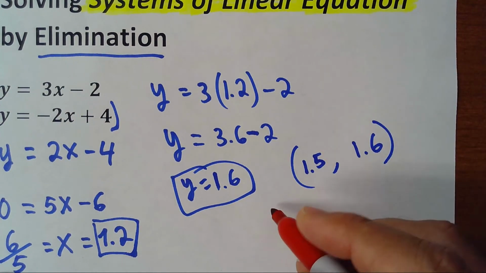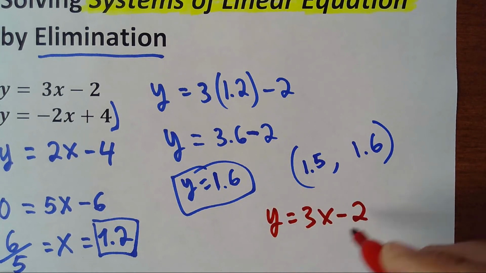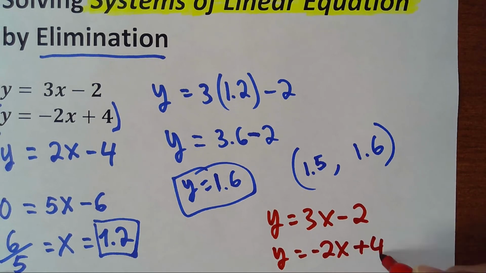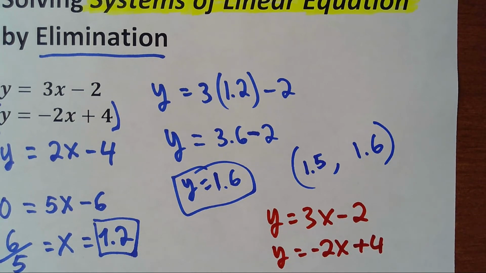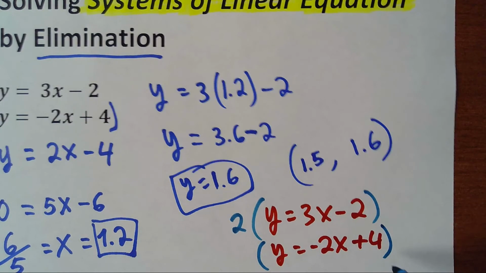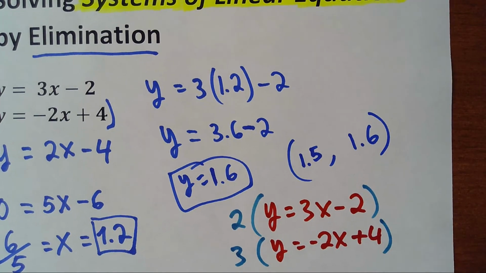So we have y equals 3x minus 2 and y equals negative 2x plus 4. If we multiply the first one by 2 and the second one by 3, I'm just gonna write the equations. I'm not gonna do the whole exercise, but you get the idea.